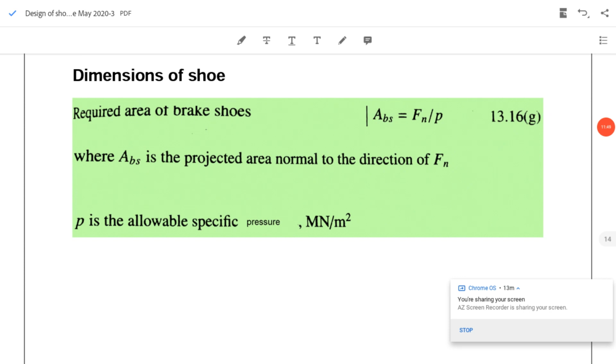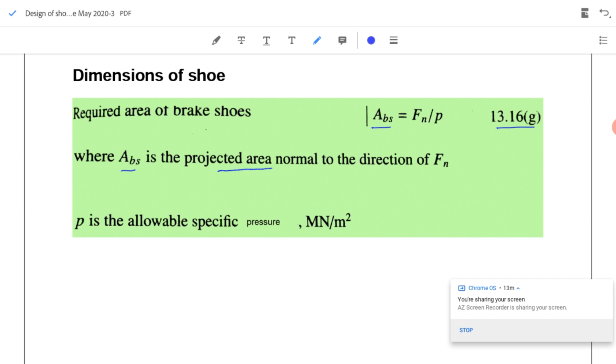Now we are moving to the last step of the design, that is the design of the shoe. Very simple step. The required area of the brake shoe, ABS, can be found from equation 13.16g. ABS represents the area of the brake shoe, BS stands for brake shoe.